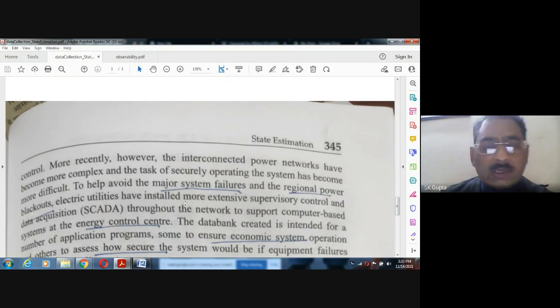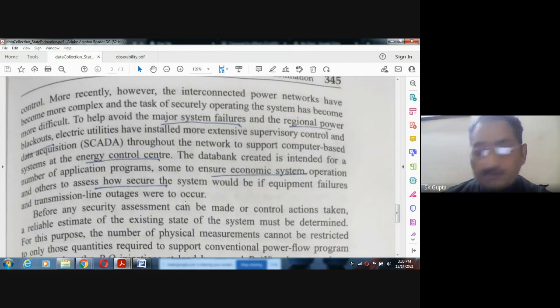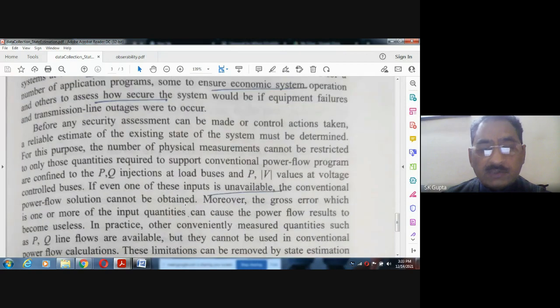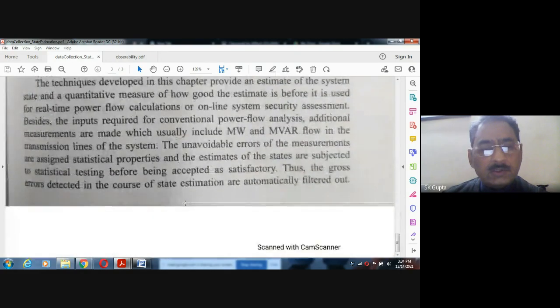Otherwise, the results, or whatever action we have taken, may not be appropriate, or may be a wrong decision. Sometimes, in addition to the data measurement, the problem may be that the data is sent from the RTU, but it is not received because of a communication failure. Such a condition may also arise. That's why we take the additional data. So this was about the data collection.